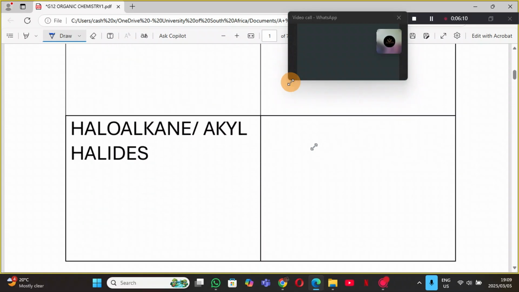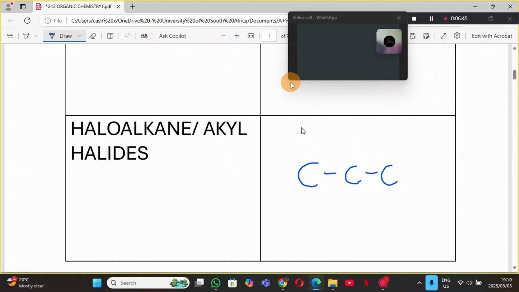hydrocarbons, right? Okay. Now your next one, it's a haloalkane or an alkyl halide. What do you think an alkyl halide looks like? It will have single bonds. Yeah. So I have carbons with single bonds. Okay, let me end at 3. What else do I have? You will have the halogens. So what is it? Is it bromine, fluorine, chlorine?